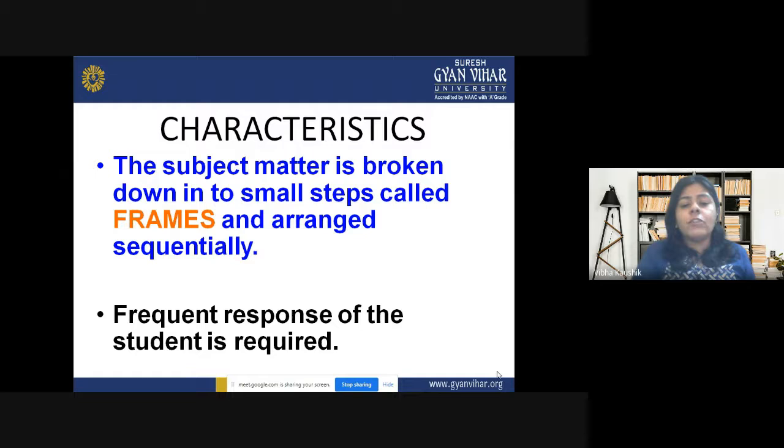Frequent response of the student is required when students are learning with this particular method, meaning they cannot take a long time to respond.